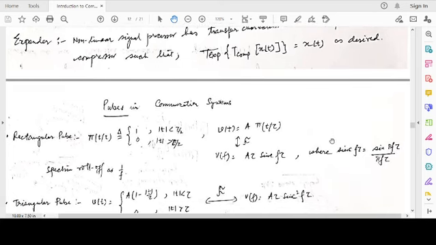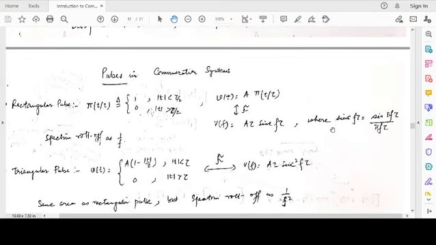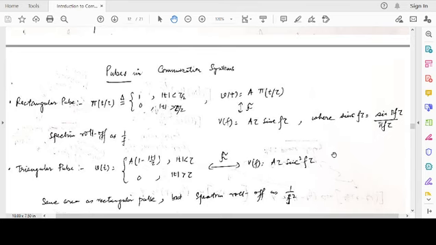We'll discuss pulses in communication systems. Apparently it seems very easy. There are various signals used in communication systems, for example, the impulse. Ideally, the impulse is a very important signal used to analyze linear time invariant systems, and practically we hardly ever use an impulse.